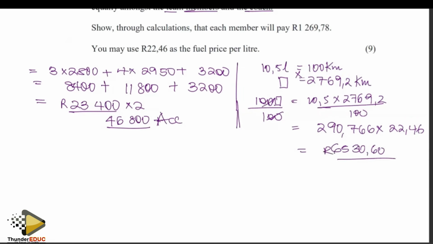So add the 2, divided by 2, 48 plus 65. So we have this much.